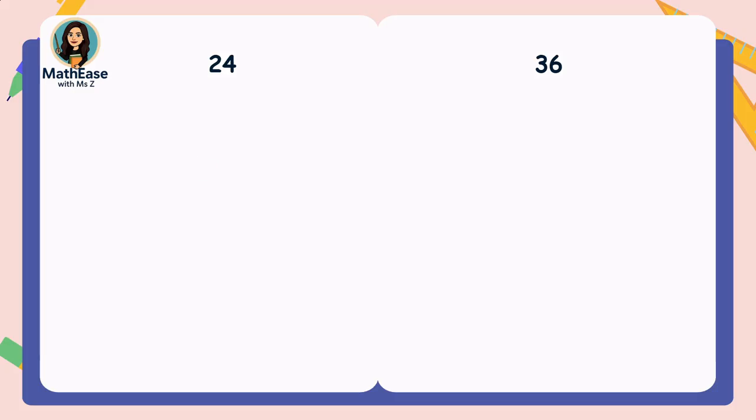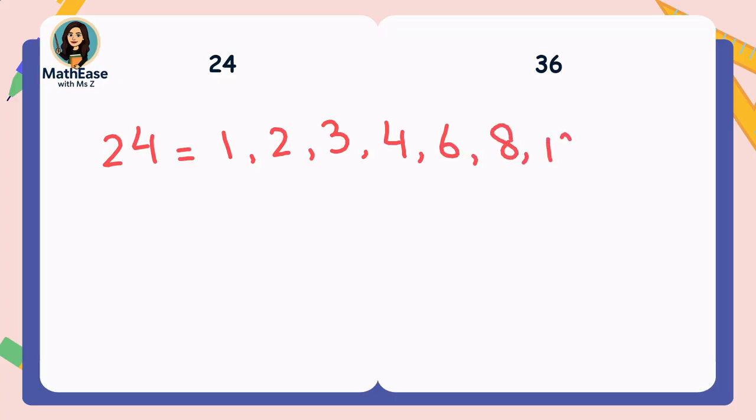First of all, write down all the factors of 24, meaning all the numbers that 24 can be divided by. So the factors of 24 are 1, 2, 3, 4, 6, 8, 12, and 24. These are all the numbers that the number 24 can be divided by.